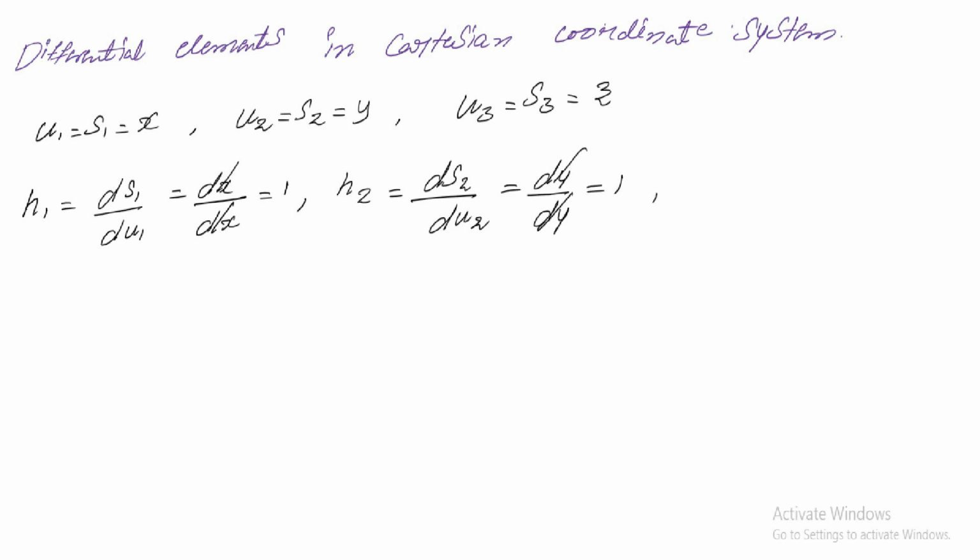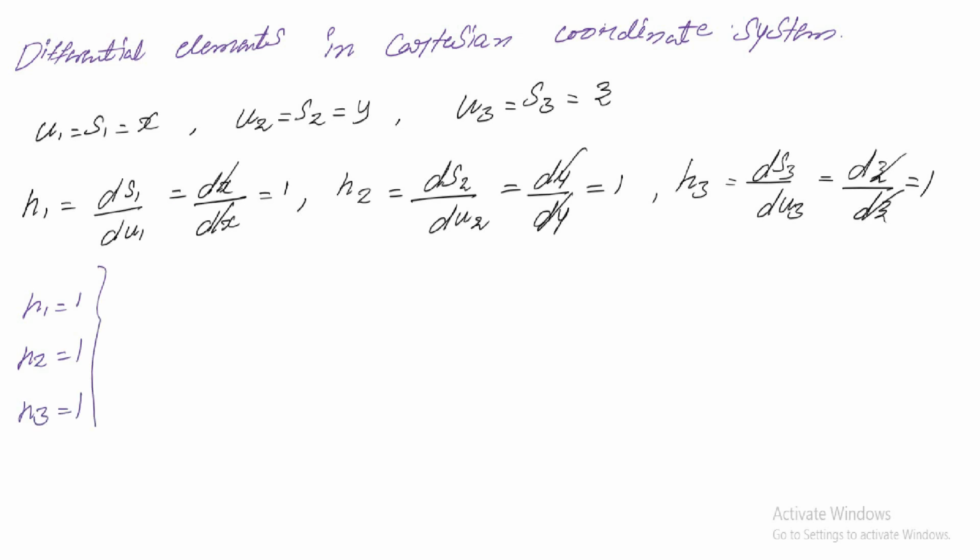Next, h3 is equal to ds3 by du3. What is s3? z. So dz by dz becomes 1. So what we got here is h1 is equal to 1, h2 is equal to 1, h3 is equal to 1. These three values are 1, 1, 1.